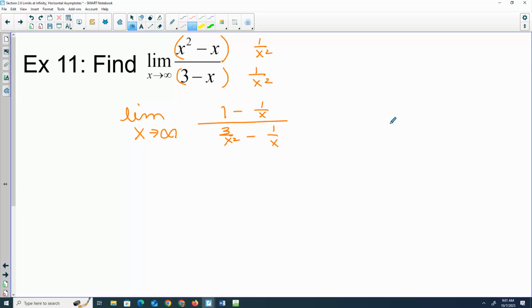Is this helpful? Okay, if I put in infinity, I get 1 minus 1 over infinity turns into 1 over infinity. Oh, what's wrong? It's undefined. We can't have 0 on the denominator. Okay, so solid strategy, but we had an issue because I'm getting 0 on the denominator.